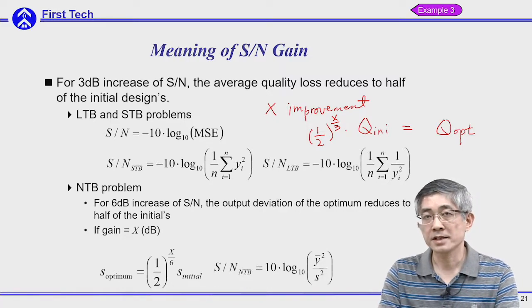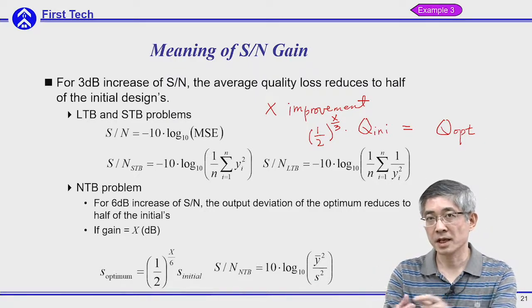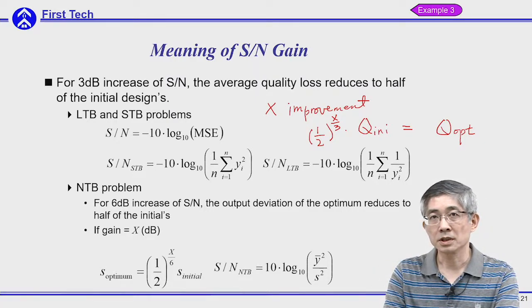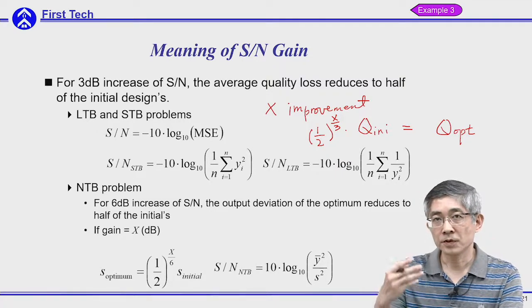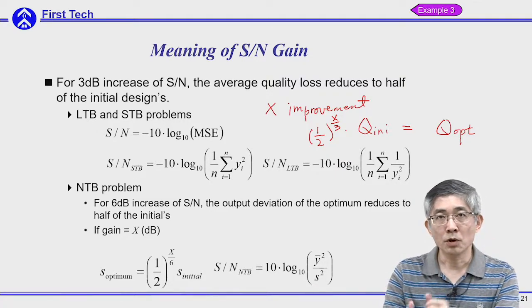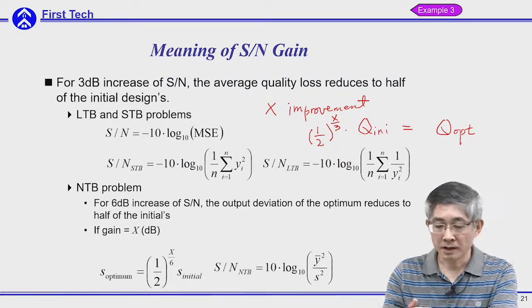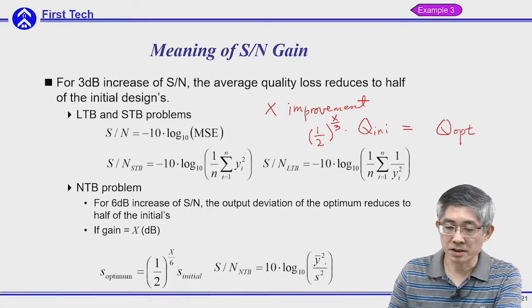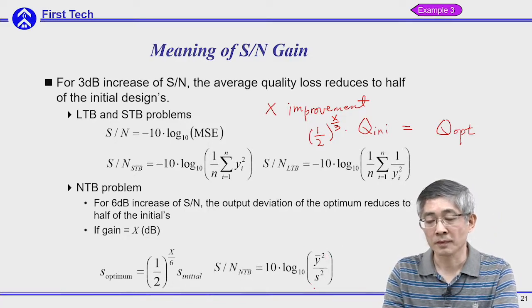For nominal the best problems, you can further extend this concept to the improvement of the standard deviation. Since for nominal the best problems, we move our average output to the target, and the definition for SN is the average over the standard deviation squared.